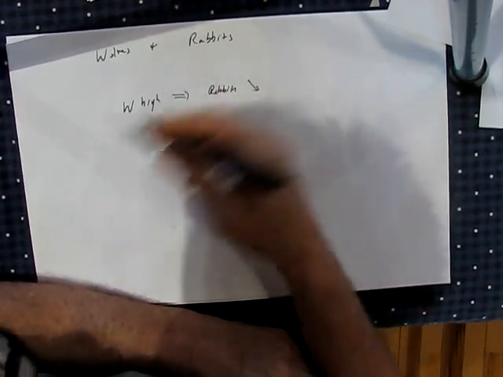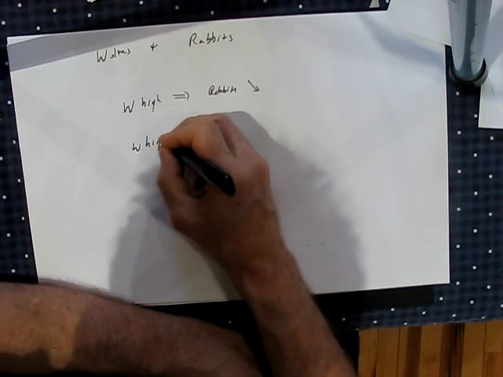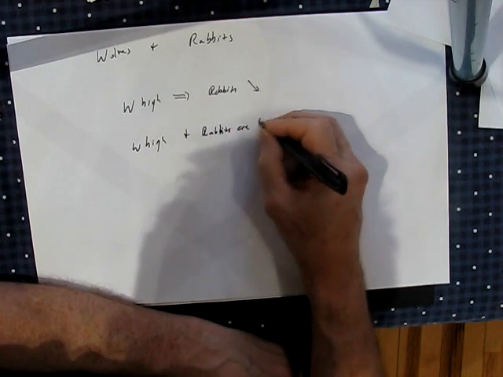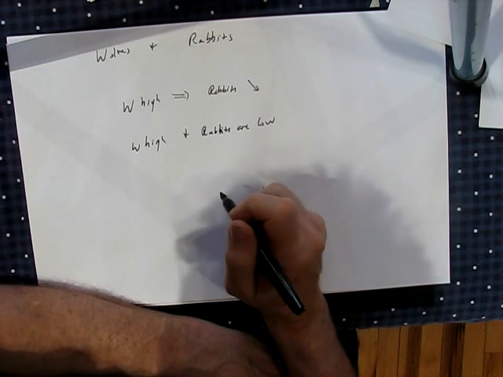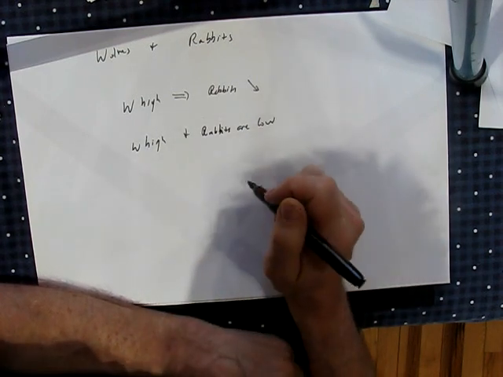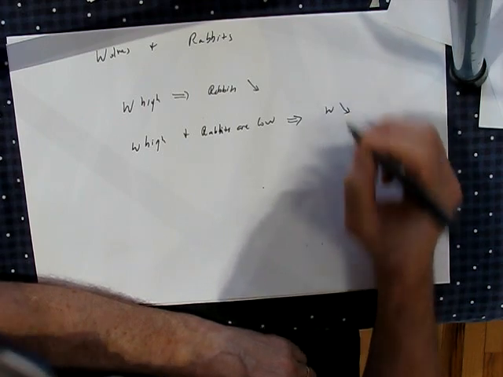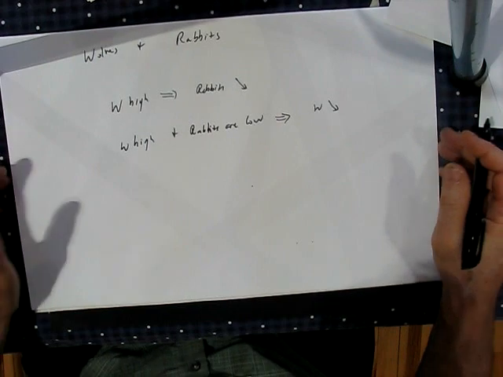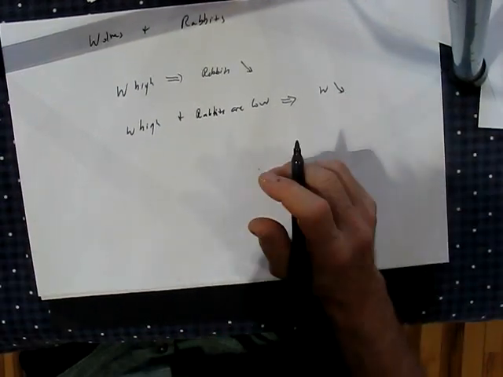Now, as the wolves eat up the rabbits, if the wolves are high and the rabbits are low, it seems to me that this says the rabbits can hide, the wolves are going to start starving, and the consequence is the wolf population will probably drop dramatically, and the remaining rabbits hopefully can survive. Let's write down an equation that might describe this.